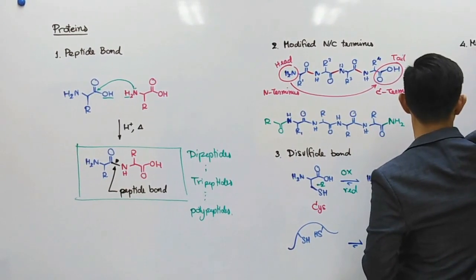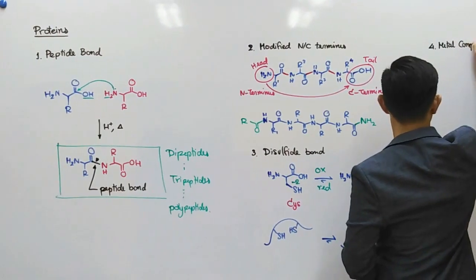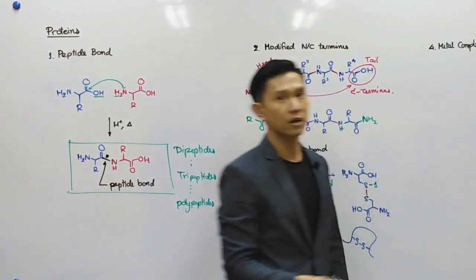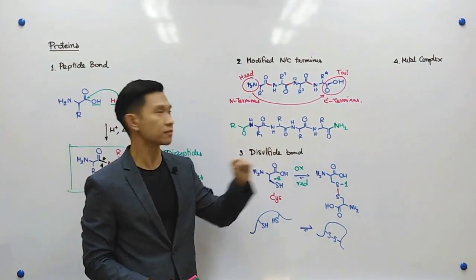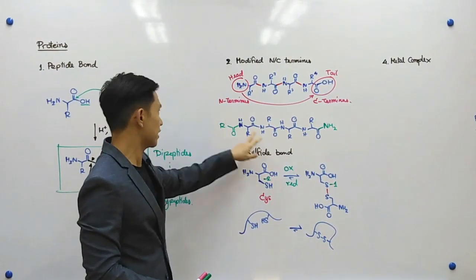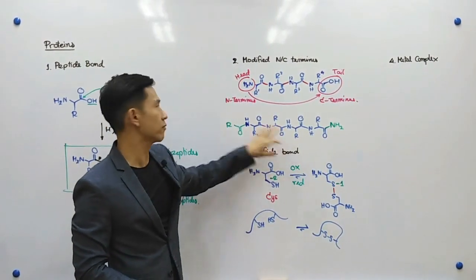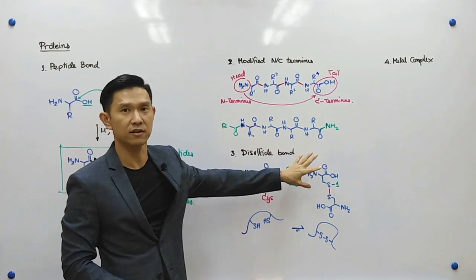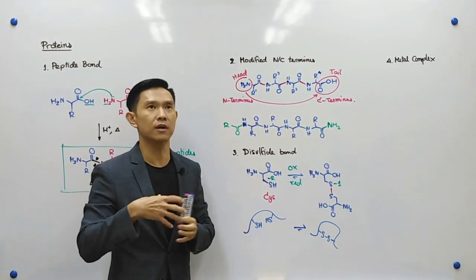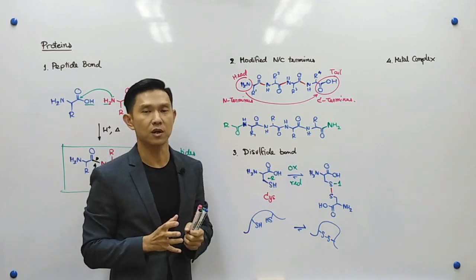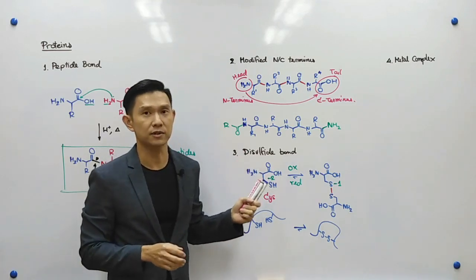Now we come to the last type of chemical bonding that can be found in the peptide, which is the metal complex. Because as you may see in the structure here, we have nitrogen, we have oxygen, we have many things over here, right? And transition metal always undergoes complexation with nitrogen atoms.